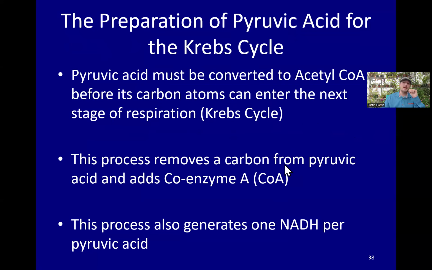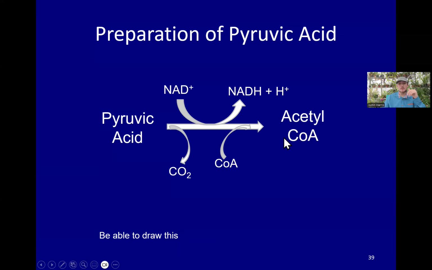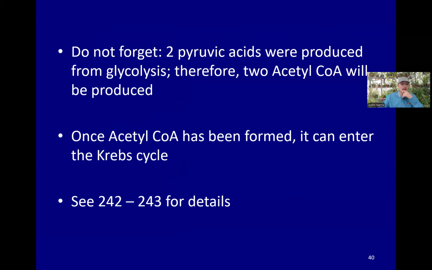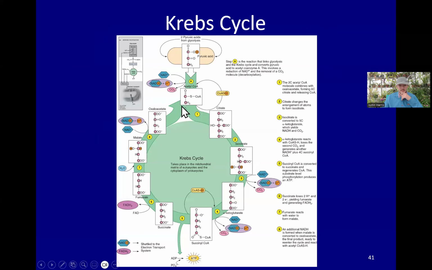And so here's the process of this preparation, where pyruvic acid is converted into acetyl-CoA by conjugating it to coenzyme A and taking off a carbon dioxide. It also generates another carrier molecule. And then we enter into the Krebs cycle once we have it conjugated.